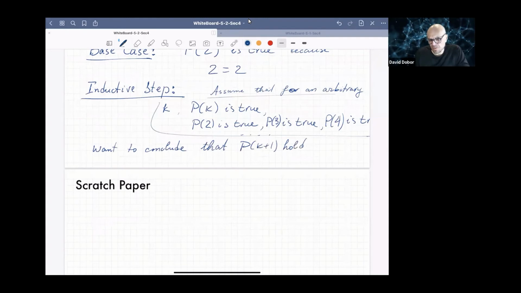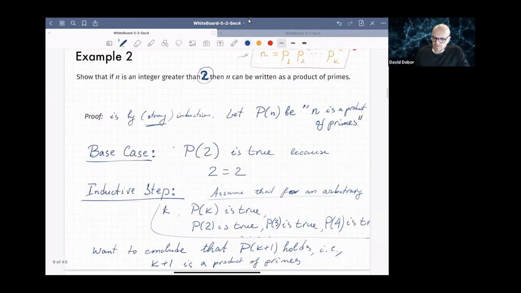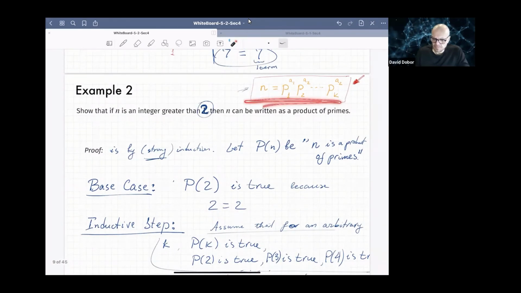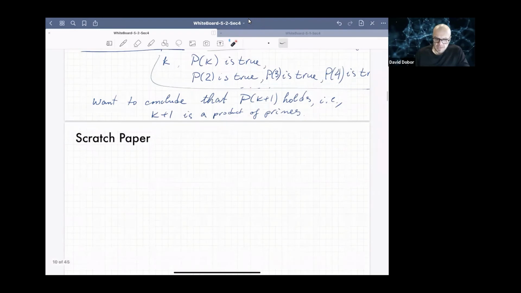In other words, K plus 1 is a product of primes. This is what we're justifying. Just writing this down in words: it's a product of primes. Just like this, this K plus 1.